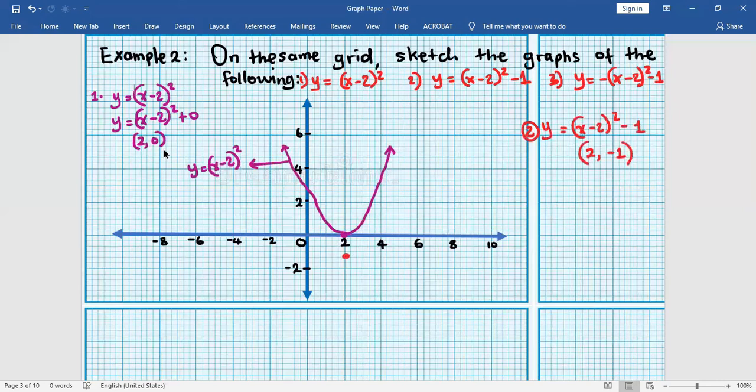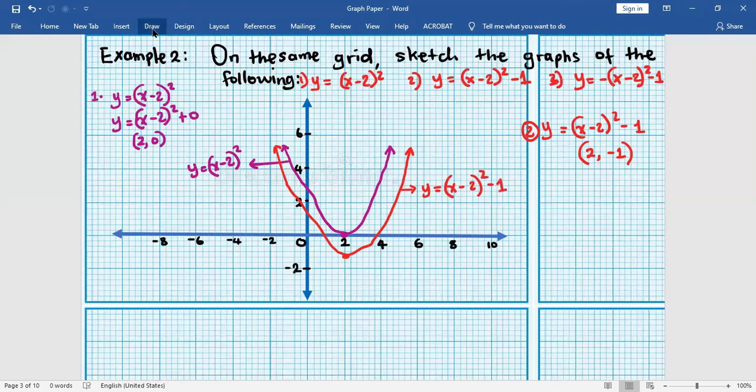Remember, this one is upward opening. So it will move something like this. This is just a sketch, it is not accurate. So this is y is equal to (x minus 2) squared minus 1.